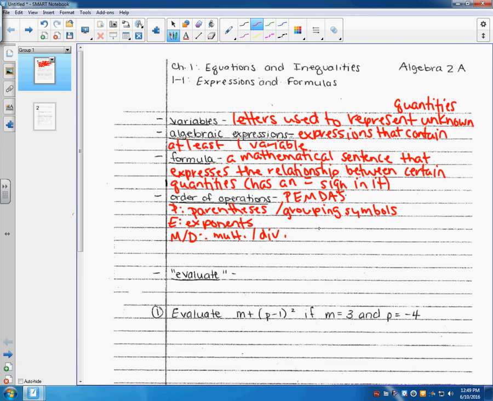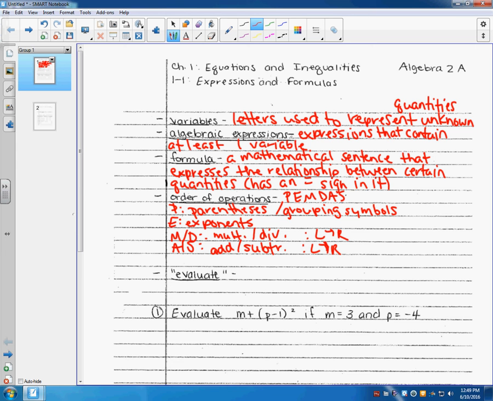You go left to right, don't you? Whichever one is farther left, you do first. And then A is addition, S is subtraction. You already knew this, right? Addition, subtraction. Same thing. If they're both in the same problem, you go left to right. Okay? So this shouldn't be too tricky yet.